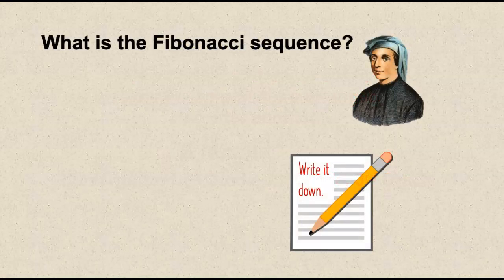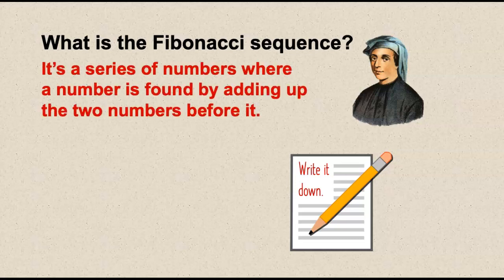Fibonacci invented a sequence that is associated with him that he wrote down many years ago. The Fibonacci sequence refers to a series of numbers where a number is found by adding up the two numbers before it. You will want to write this down.